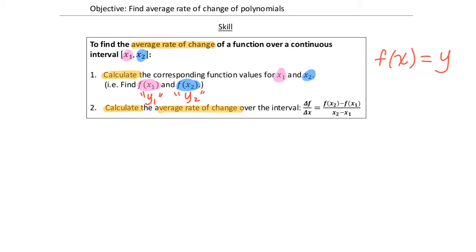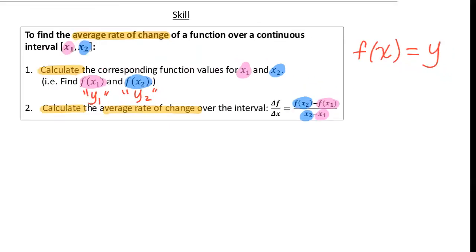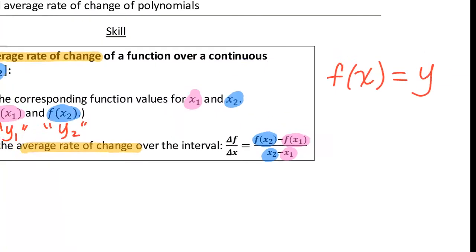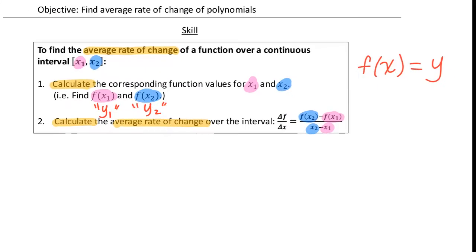Our formula is f of x2 minus f of x1 over x2 minus x1. It's basically, again, the same thing as y2 minus y1 over x2 minus x1, but because we're looking at functions, we use f of x's, okay?